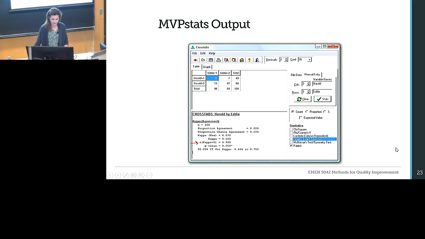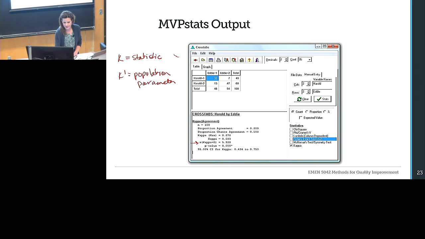Okay, so we have a Z-score, and we're testing the hypothesis because kappa is our statistic that we're looking at, right? And kappa prime is actually what we're testing here. This is the population parameter. So this would be similar to looking at the statistic X bar and comparing it to mu.